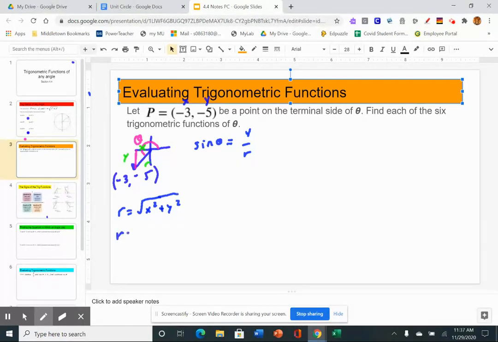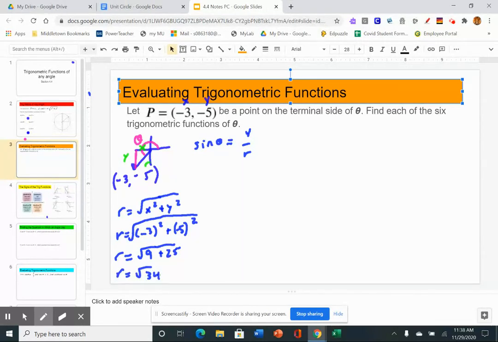So r equals the square root of -3 squared plus -5 squared. So r is going to equal the square root of 9 plus 25. R is going to equal root 34.